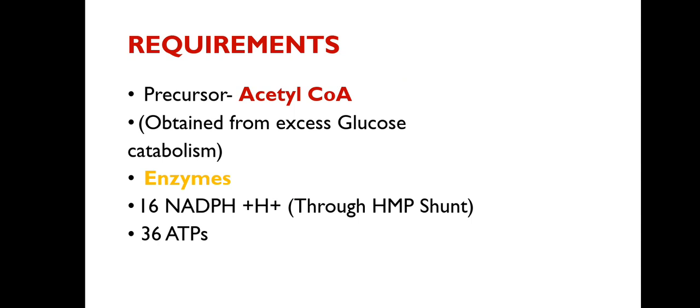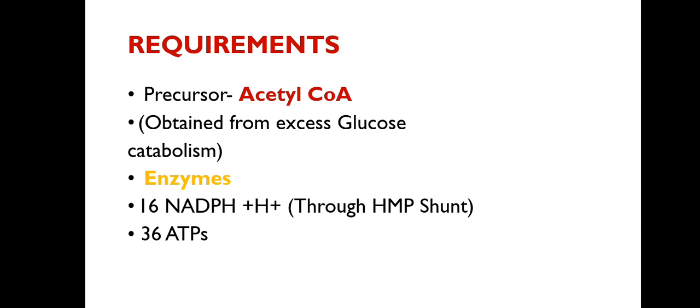Remember that excess glucose will undergo glycolysis, producing pyruvate. As long as we are breathing, we are under aerobic condition, aerobic respiration, and that pyruvate is going to form acetyl-CoA. Remember the Krebs cycle? Now if that acetyl-CoA is in excess, it will be used in the formation of cholesterol.